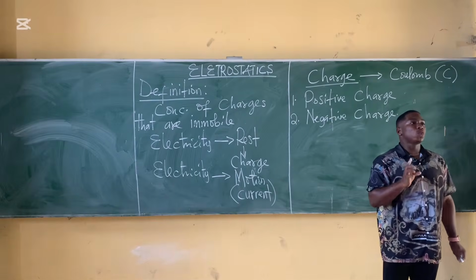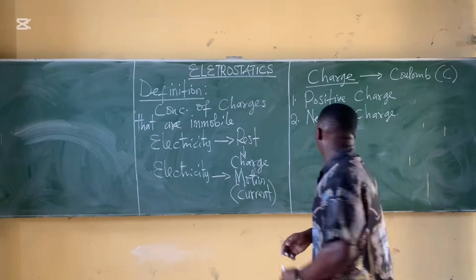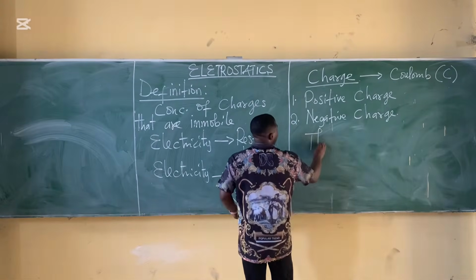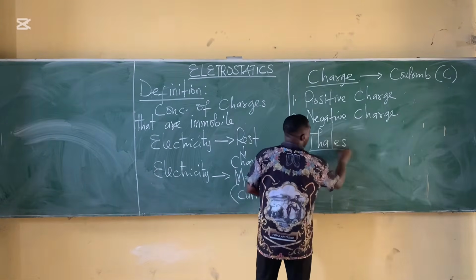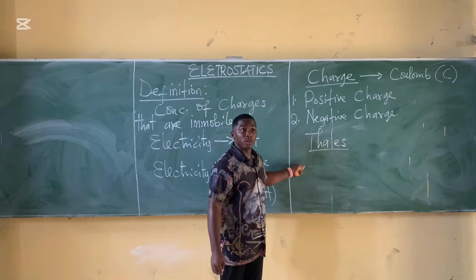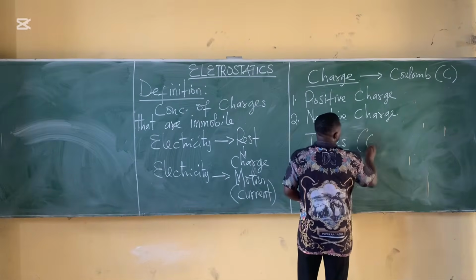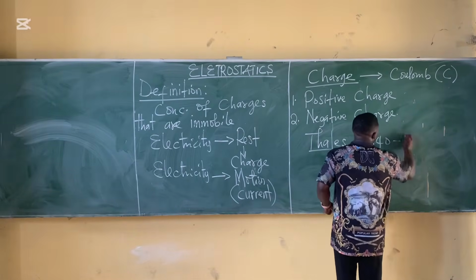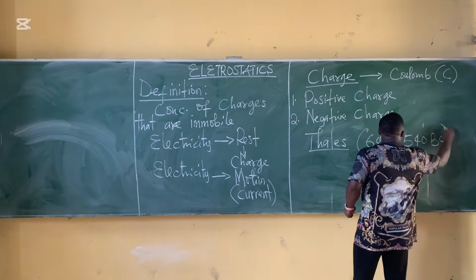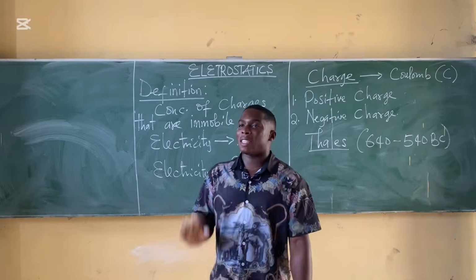The first man to discover stationary electricity, which is electrostatics, was Thales, a Greek scientist, around 640 to 540 BC. That was when he discovered the form of electricity at rest.